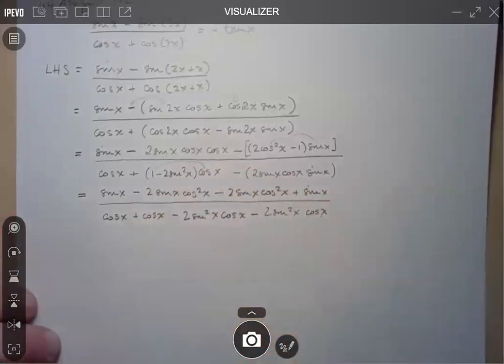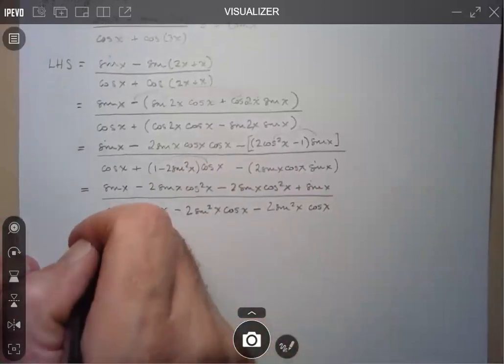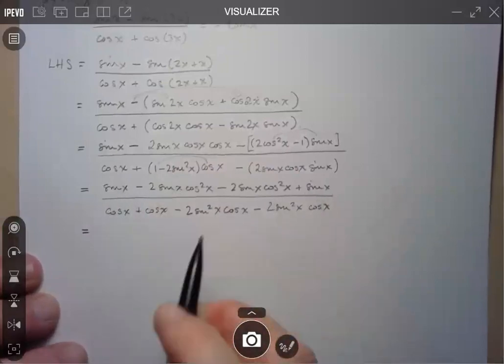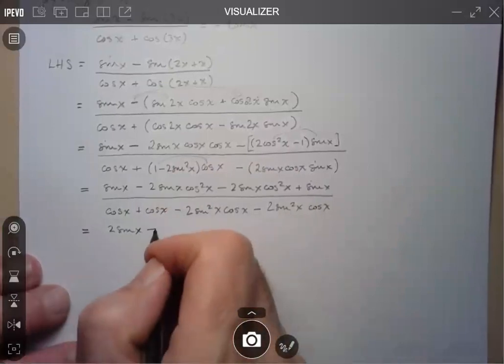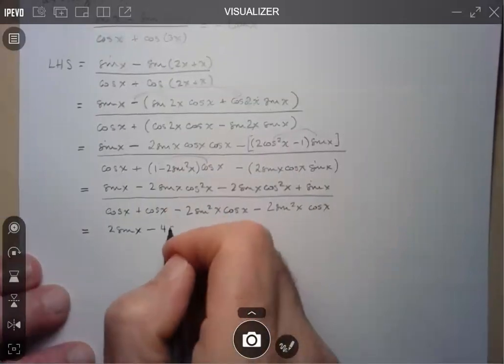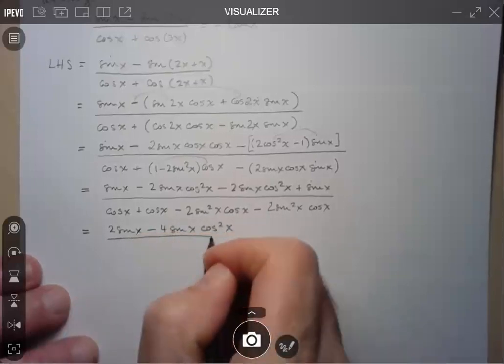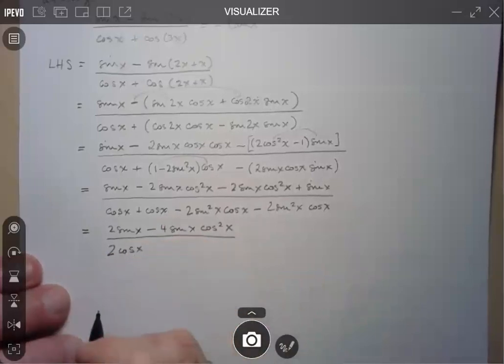Okay. So again, it looks awful, but we're starting to see that there's quite a few things that come together. So I have a sine x plus sine x, so 2 sine x. And then here I've got minus 4 sine x cos squared x. And the denominator, cos x plus cos x, 2 cos x.